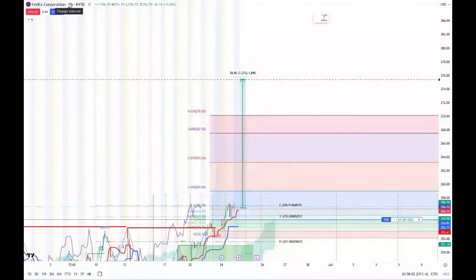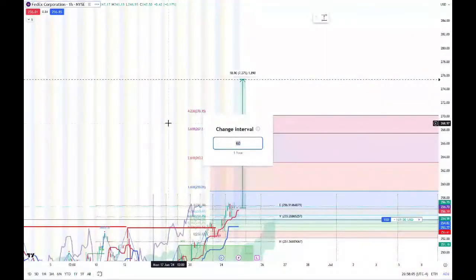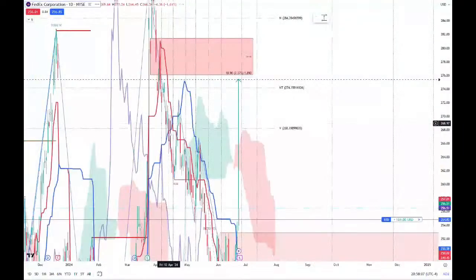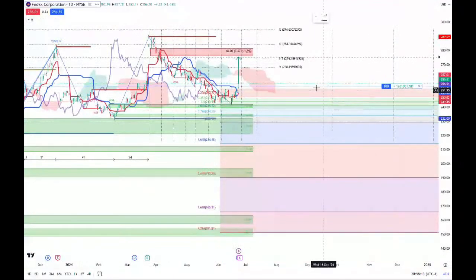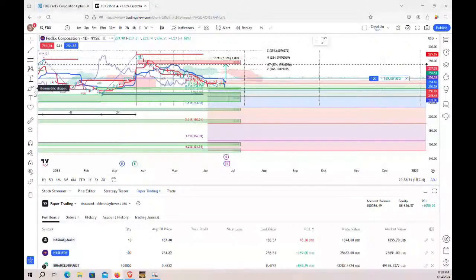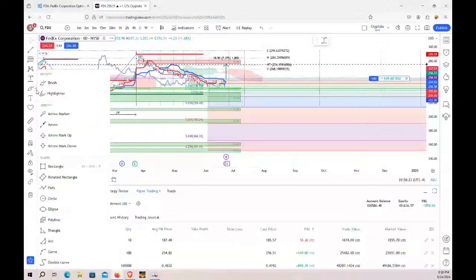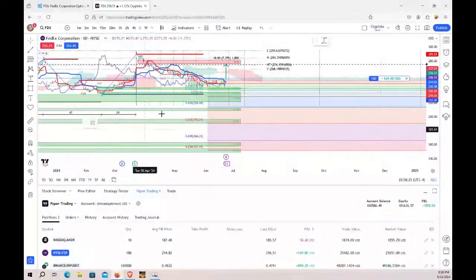But let's take a look at the day chart again. We are very close to this bear block over here, which we can probably just draw as one small block, but this is my concern.